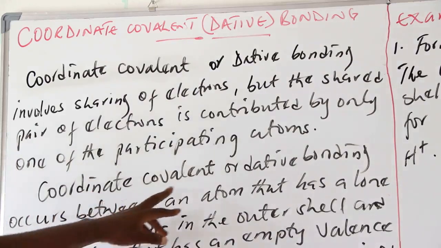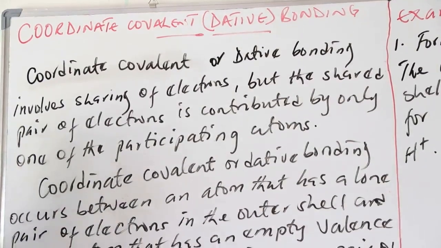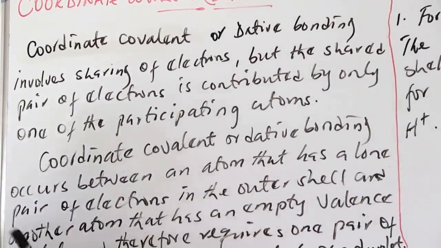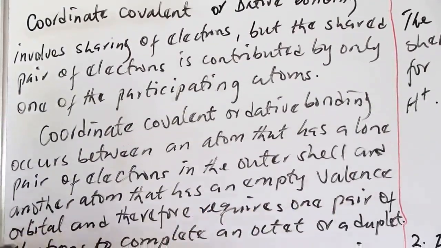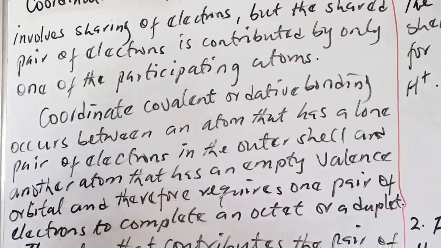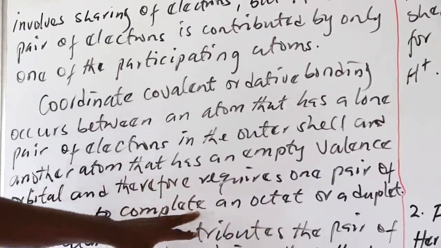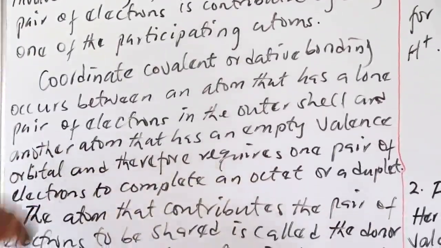Then we say coordinate covalent bonding or dative bonding occurs between an atom that has a lone pair of electrons in the outer shell and another atom that has an empty valence orbital, and therefore requires one pair of electrons to complete an octet or a duplet. What do we mean by this?